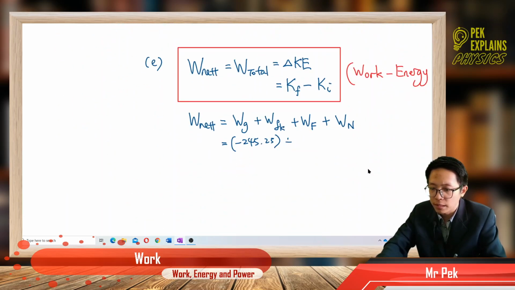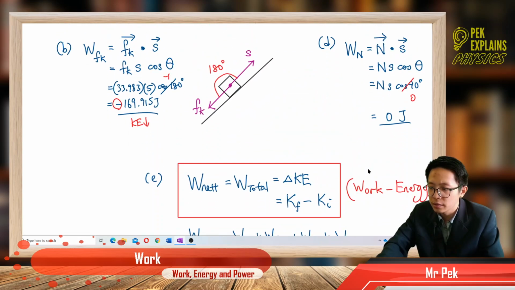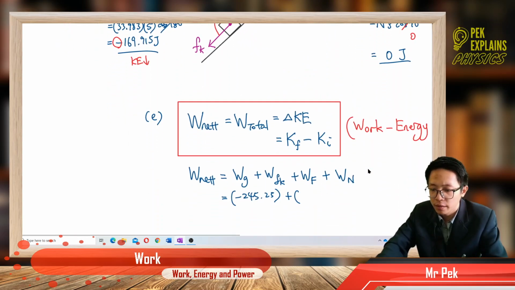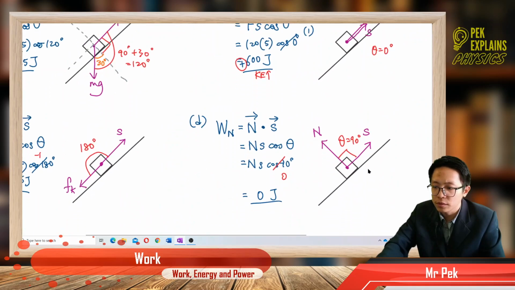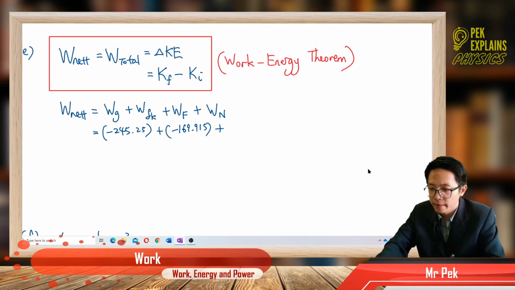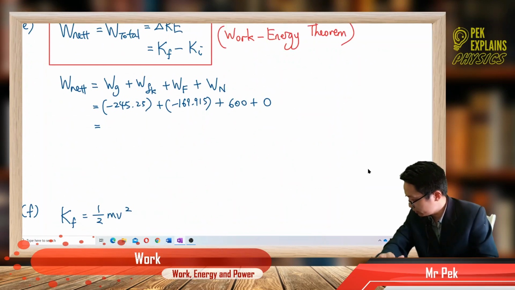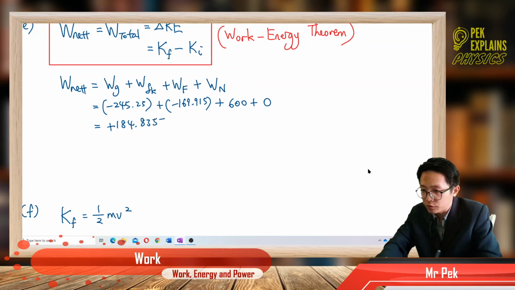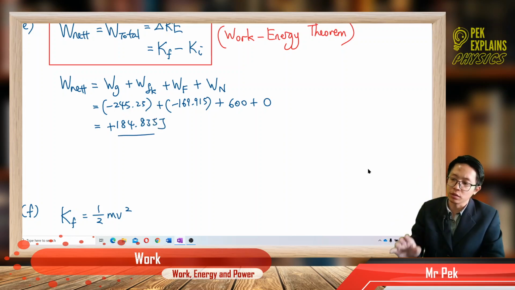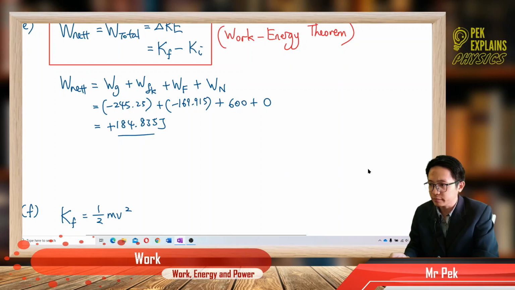The friction is negative 169.915, plus the work done by external force, 600 joule, and the normal force is 0. We total them and get a positive 184.835 joule.